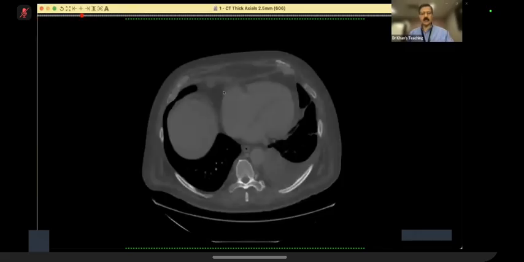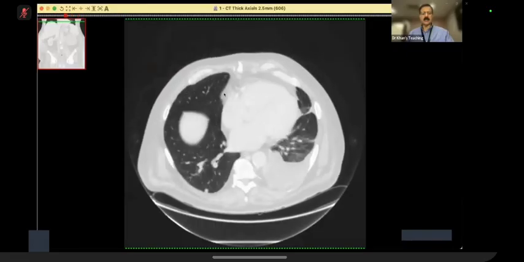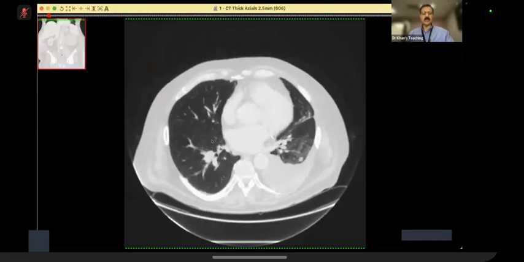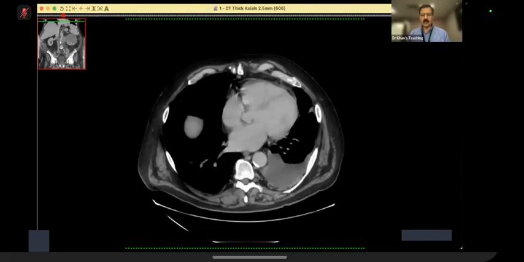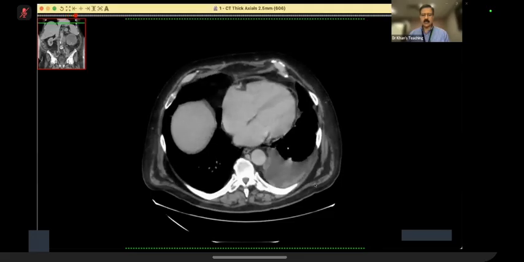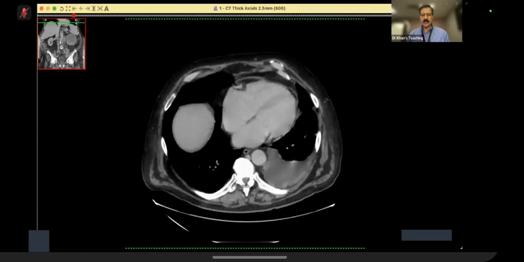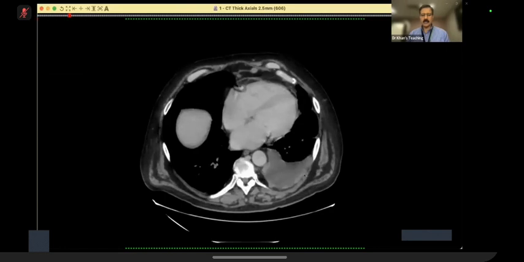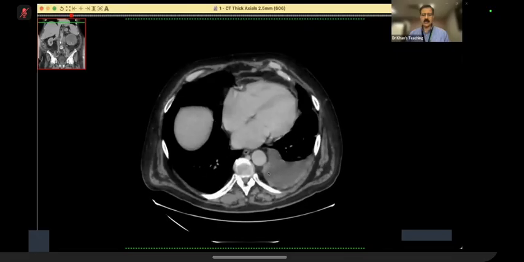Of course, the candidate did pick up lung metastases, which were sitting here. But the fine touch of it is, look at the left-sided effusion. Now look at the pleura, and you will appreciate that the pleura has got a nodular, enhancing appearance.